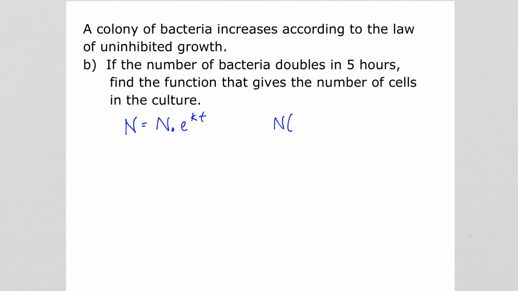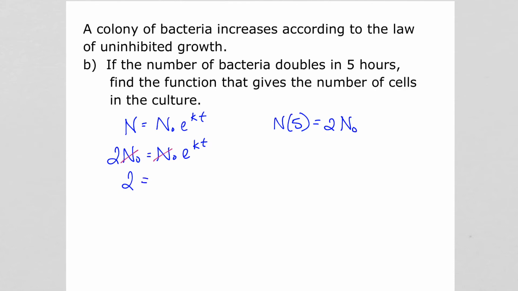So we know that N in 5 hours would be 2 times N naught. So for N, we're going to plug in 2 times N naught. Notice that enables the N naughts to go away. If not, we'd have a problem.